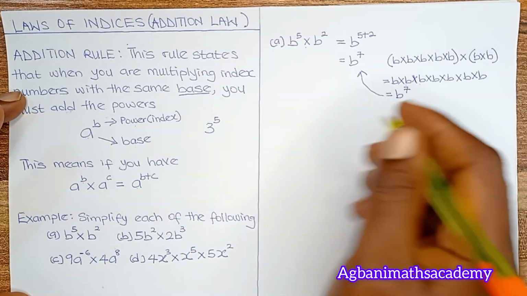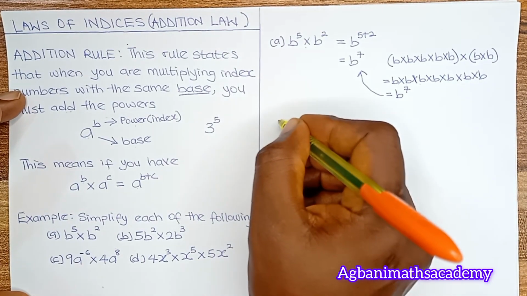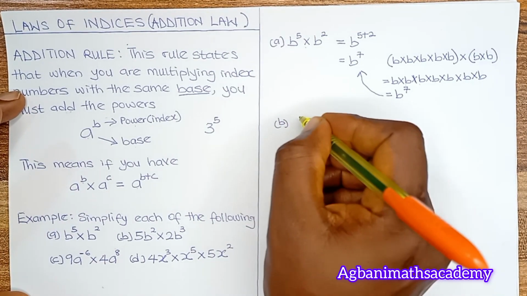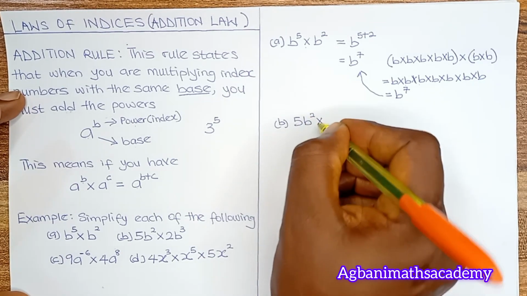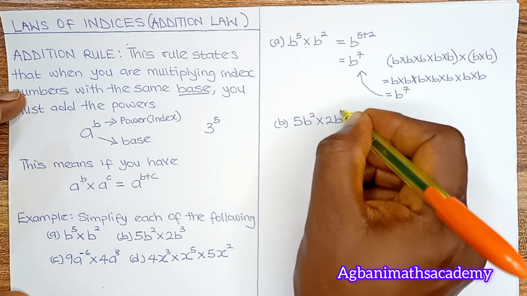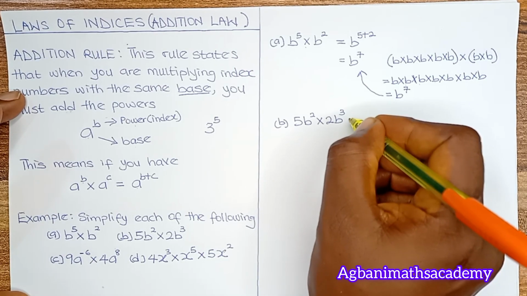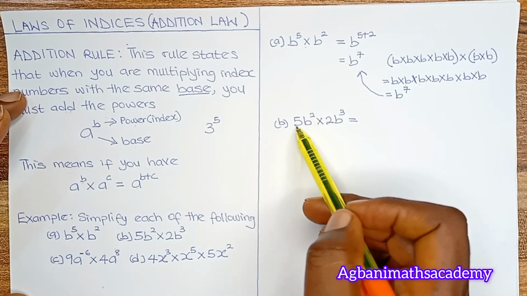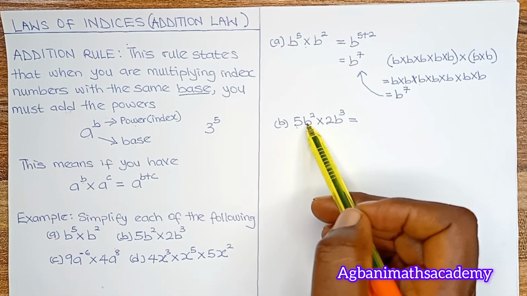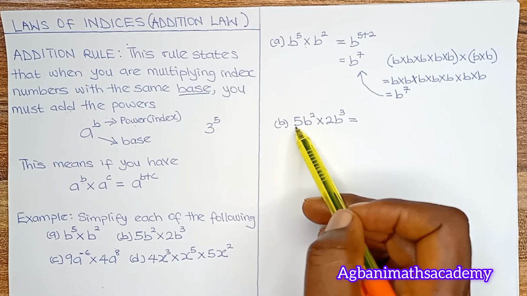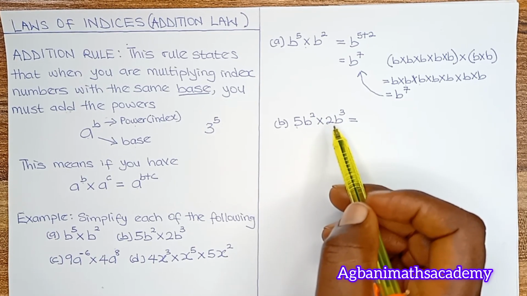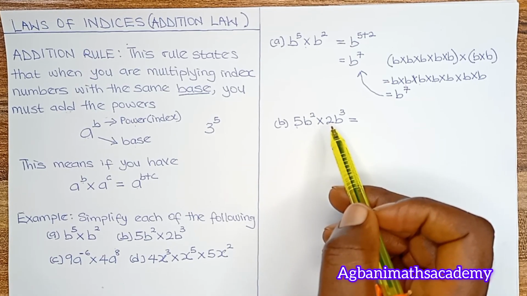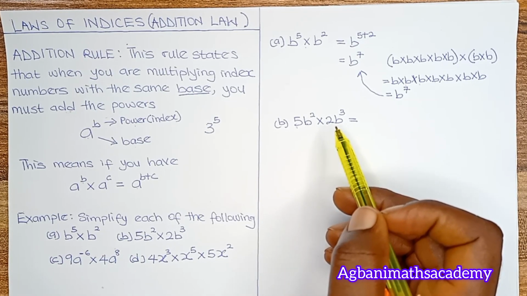Let's look at the second example. B. We have 5b to the power of 2 multiplied by 2b to the power of 3. Whenever you have a coefficient attached to the alphabet that has the power, you bring the numbers together and separate them from the alphabet.